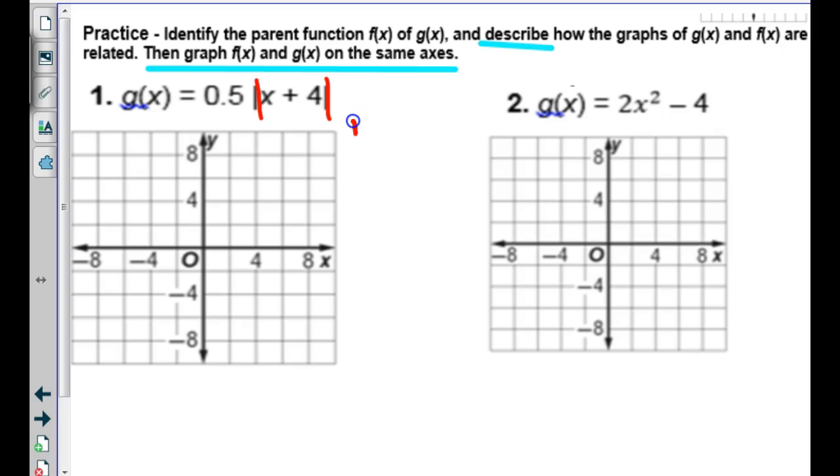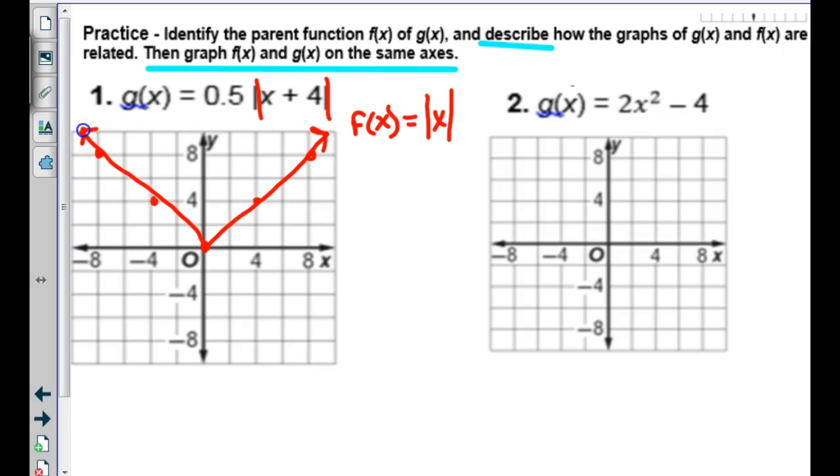So the parent function, f of x, is just the absolute value of x. So what kind of points are going through that equation? 0, 0. Okay, I have a 4 here. If I put a 4 in here, what am I going to get out? 4. 8, 8. If I put in a -4, I'm going to get out 4. If I put in -8, I'm going to get out 8. Okay, so there's my parent function.